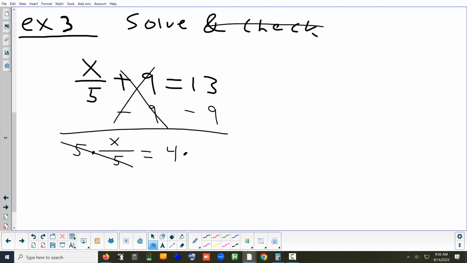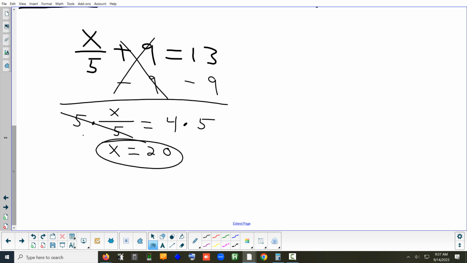Right, if it turned into 0, then the x would be gone. 5 divided by 5. If you have $5 and you divide it to 5 people, everybody gets 1. So now on the left-hand side, you're left with 1x. We normally just write x. And on the right side, 4 times 5 gives me 20. Okay. Any questions on that?